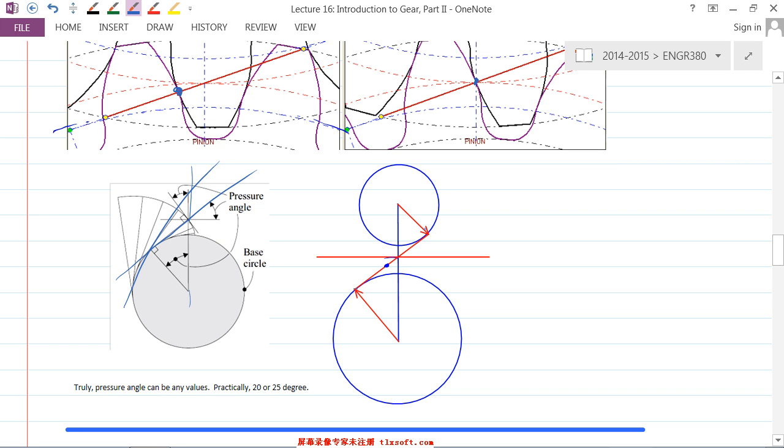All you need to do is, if this is the contact point, start from the base circle and draw a portion of an involute curve, and starting from the other side draw another one, and that's basically the contact point between the two involute curves. So that's the pressure angle there.